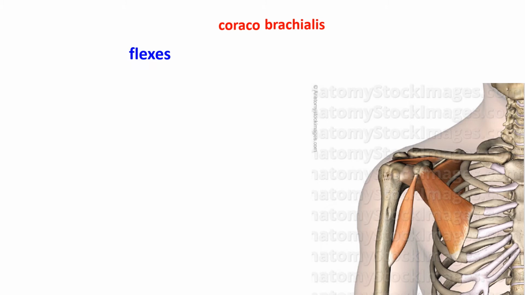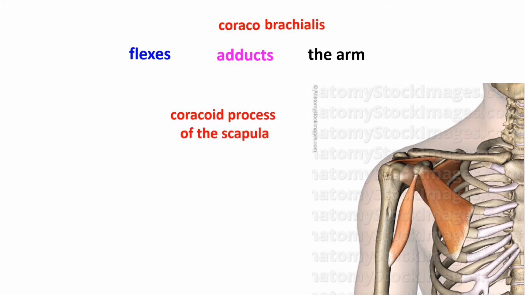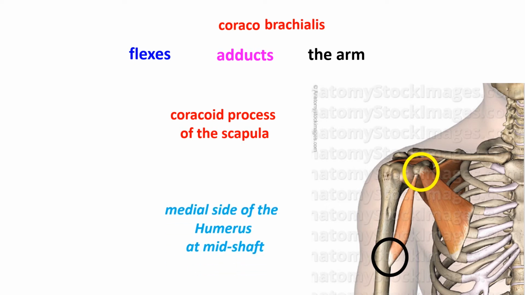It flexes the shoulder joint, it adducts the shoulder joint, and the arm is flexed and is being adducted. Now, the coracoid process is part of the scapula, and the muscle goes down to be inserted in the medial side of the humerus.